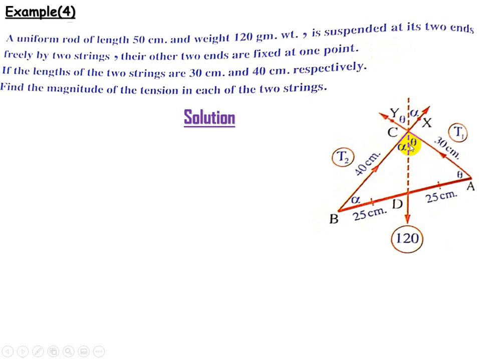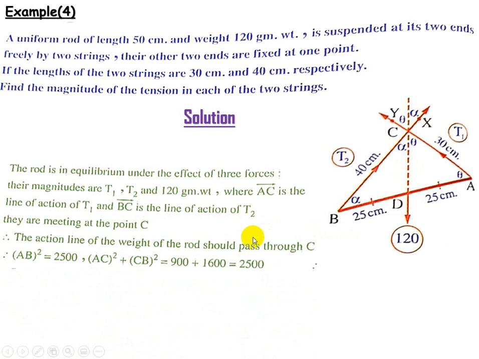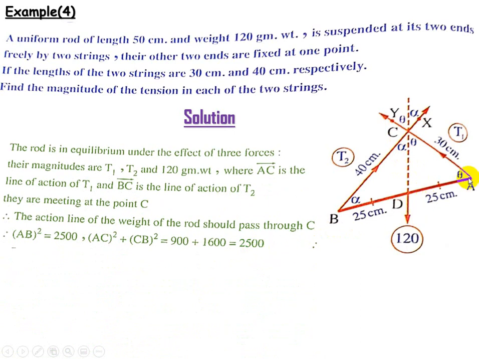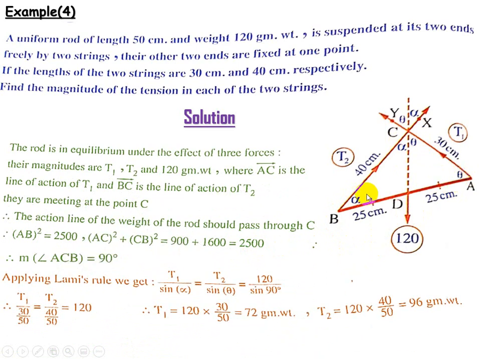We noted that CD is a median going out from the right vertex, equal to half the length of the hypotenuse, so CD equals 25. Which means that the triangle ADC is isosceles, and the triangle CDB is also isosceles, which means theta, and here alpha and alpha. So sine theta and sine alpha now become easy.